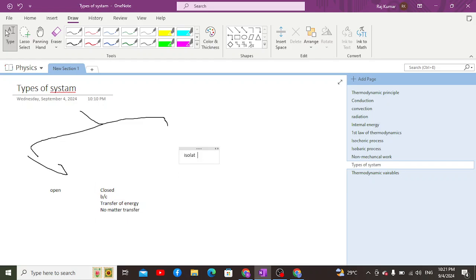Likewise, an isolated system, which is the third type, is a system in which neither energy can go in or out, nor can matter go in or out. Due to this, a 100% isolated system does not exist on earth particularly.